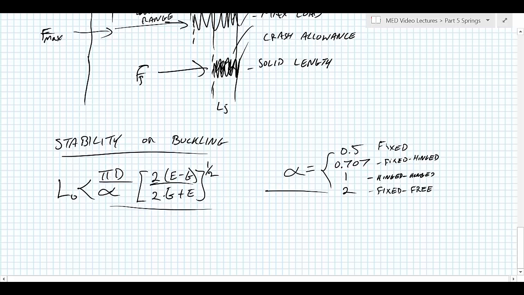So we want to keep our free length L naught smaller than that parameter. For a particular material like steel, there's going to be a constant there. So for steel, that equation simplifies down to keeping the free length less than 2.63 times the mean coil diameter over that alpha.